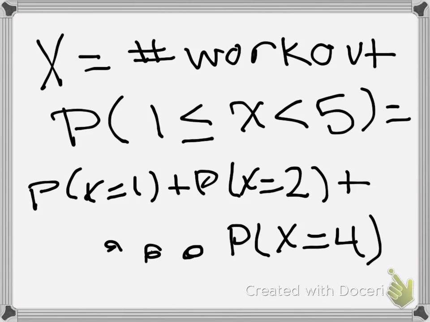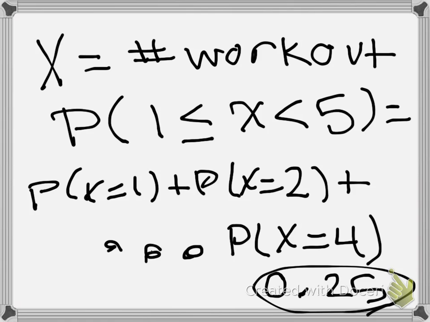Well, it says works out at least once per week and less than 5. So when X is equal to 1, that's at least 1 and less than 5. X is equal to 2, that's at least 1, less than 5. When X is equal to 3, that's at least 1 and less than 5. And the same with X is equal to 4. Now you go to your table for number 6 and you add up all of those and you get 0.25 as your final answer.